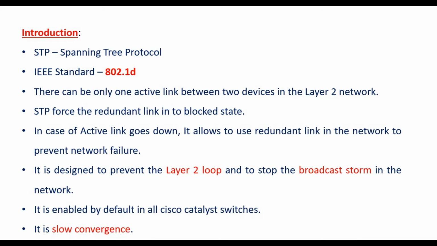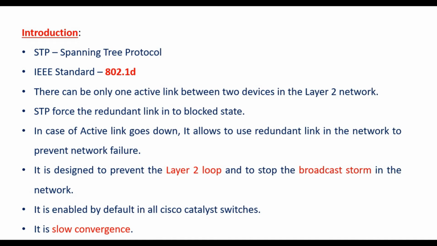Okay, so STP will allow us to have a redundant link. At the same time, it will have only one link as active and it will force the other links into the block state. Say, for example, if there are two devices and we have three links between these two devices, then immediately STP will see how many links are available between these devices, and if it finds any redundant links, that is one plus links, then it will have only one link in the forward state, an active state, and it will block the other two links.